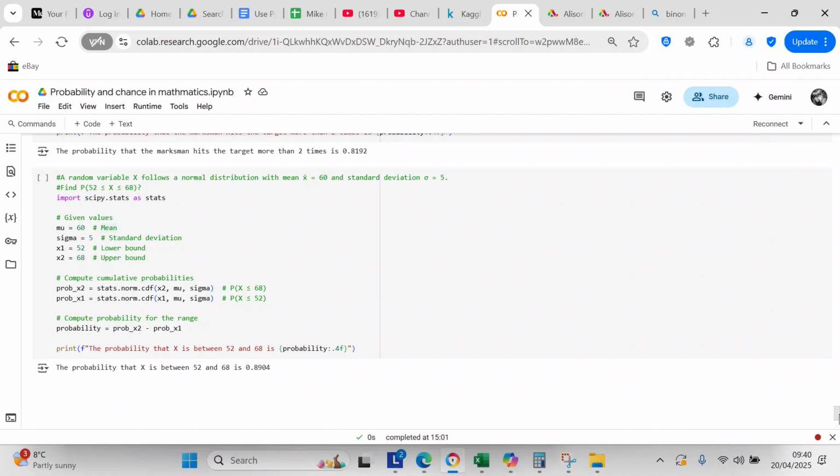Prob X2 equals stats.norm.cdf(X2, mu, sigma). And then prob X1 equals stats.norm.cdf(X1, mu, sigma). We're going to compute the probability for the range. Probability equals prob X2 minus prob X1. And you have an answer of 0.8904.